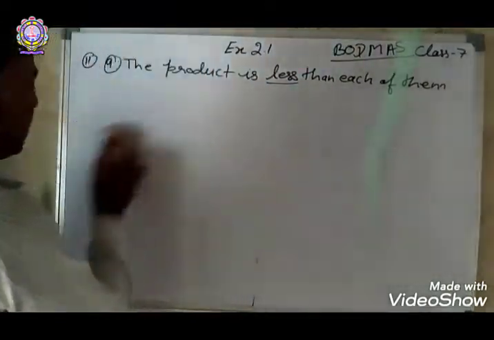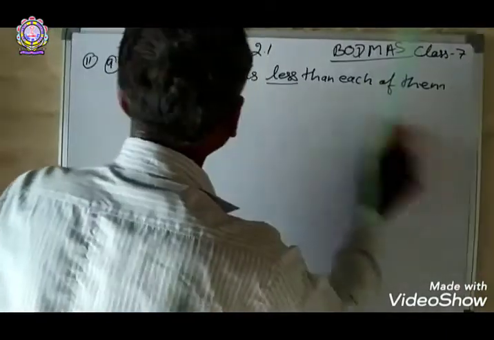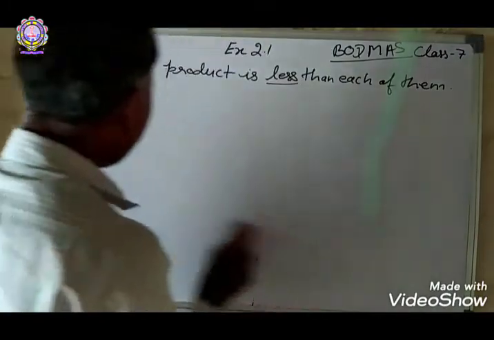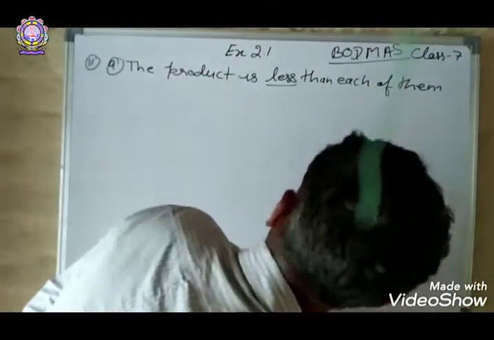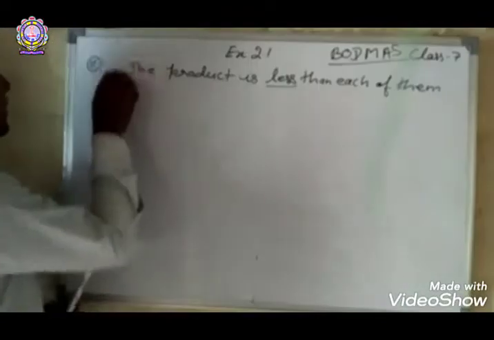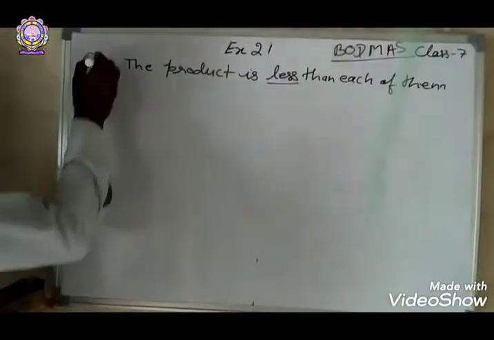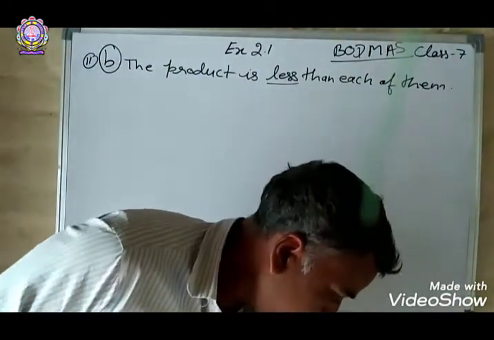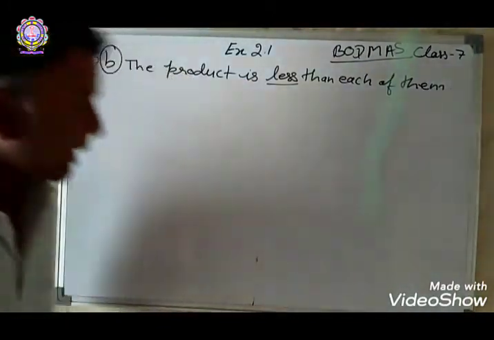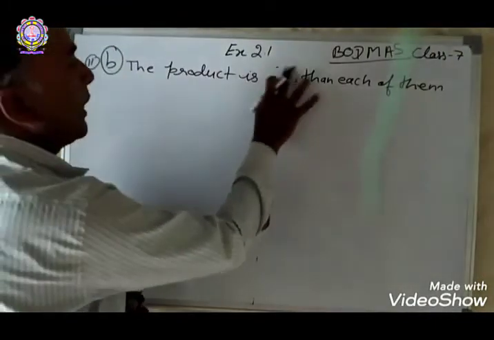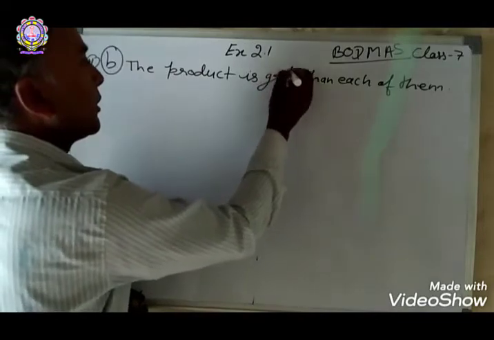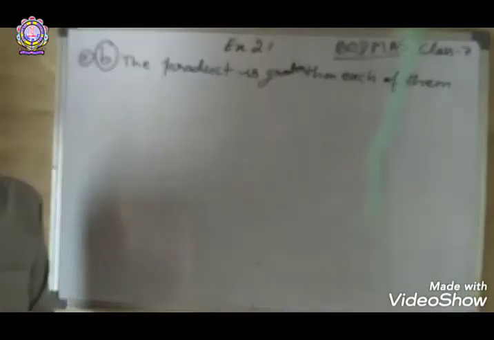For this process, to find two fractions whose product is less than each of them, we have to take any two proper fractions. Next, what is part B? It says the product is greater than each of them. In place of less than, here it is greater than each of them.